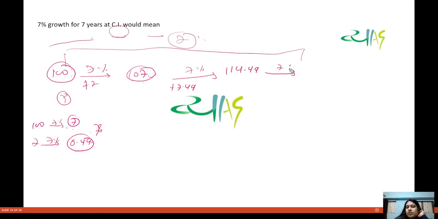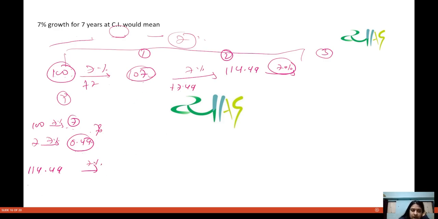Now you have to calculate 7% of this. Fine, we will calculate. So see, this is for 1 year, 2 years, and we are going into the third year. Now we want to know 7% of 114.49.